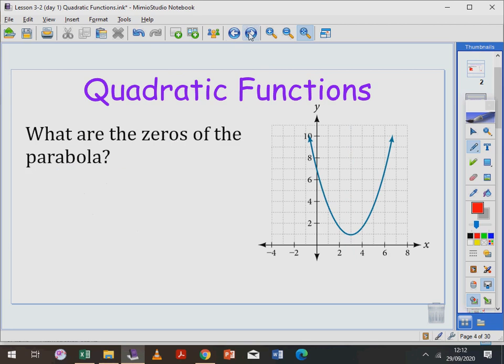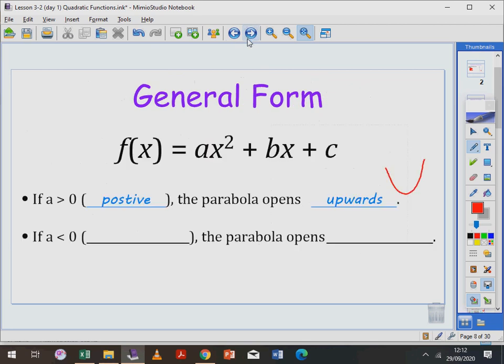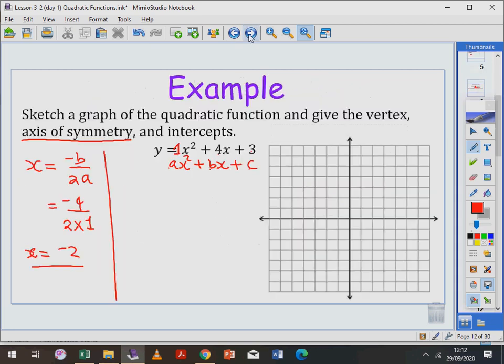Alright, so going forward again, we're back here. We have found the axis of symmetry, which is x equals negative 2. Now all we need to do is find the y value of the vertex.